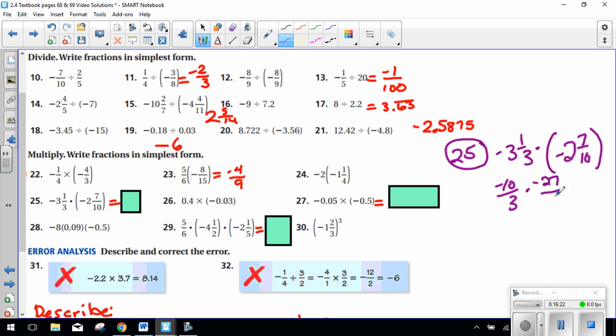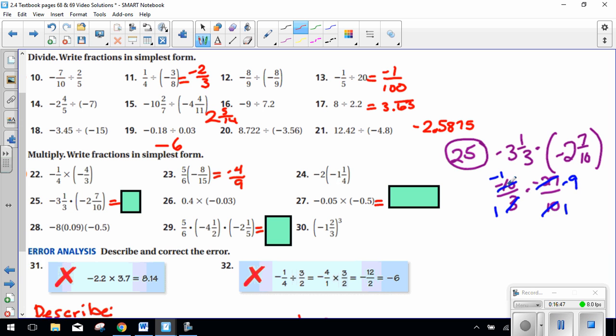So we have negative 27 over 10. Next step, cross reduce. I'm going to divide these by 10. So 10 divide 10 is 1. Negative 10 divide 10 is negative 1. I'm going to divide these by 3. 3 divide 3 is 1. And negative 27 divide 3 is negative 9.